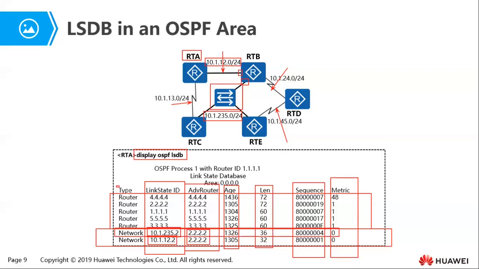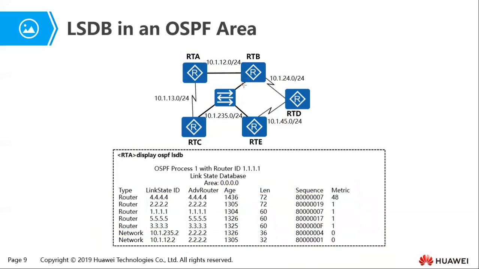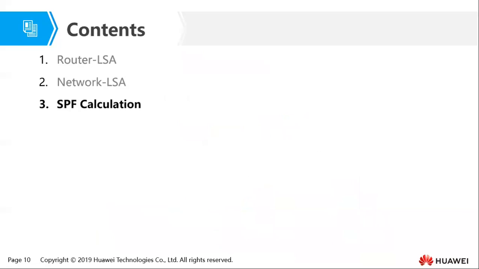Type is the type of LSA. So within an area, you can only get router LSA and network LSA. But if we don't have elections, you can only get router LSA. So I hope that is clear. Okay.